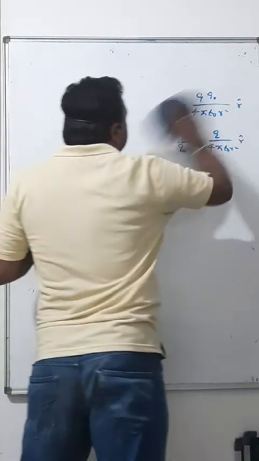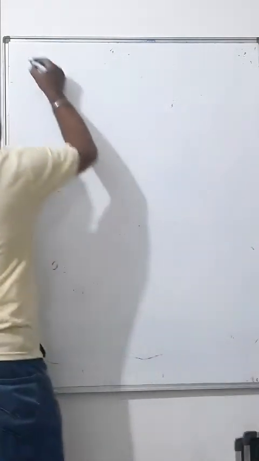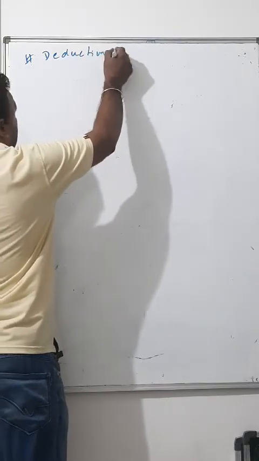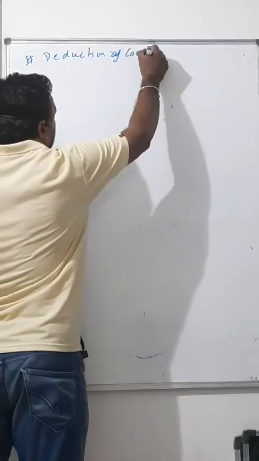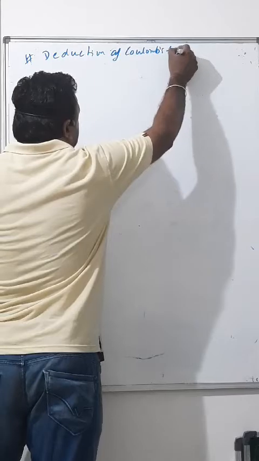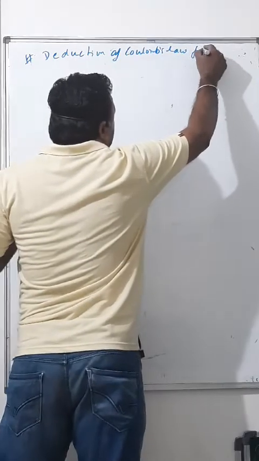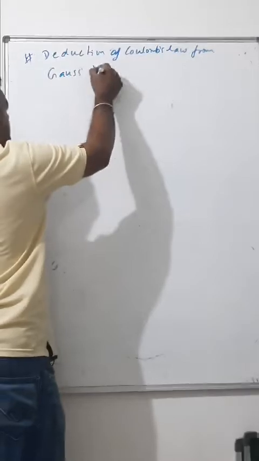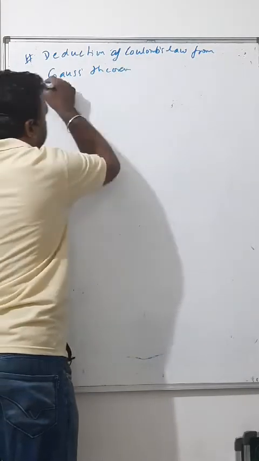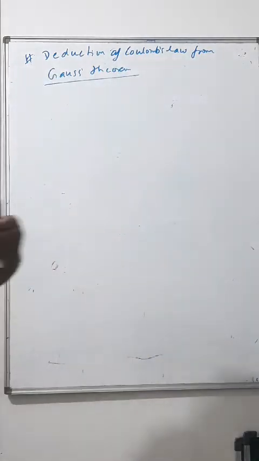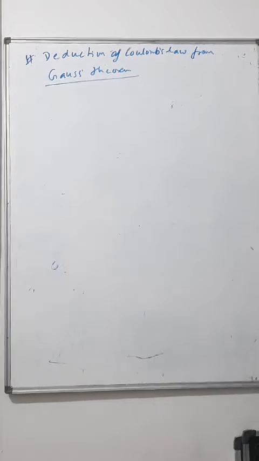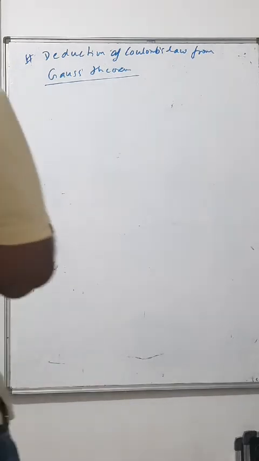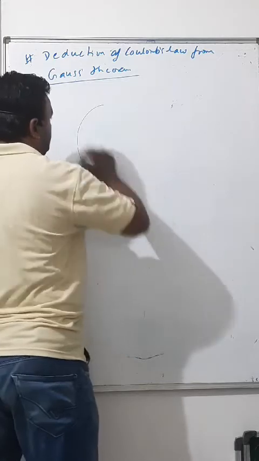Now I am going to do the deduction of Coulomb's law from Gauss theorem. Now let's do this analysis, then we can have some trustworthy statement.